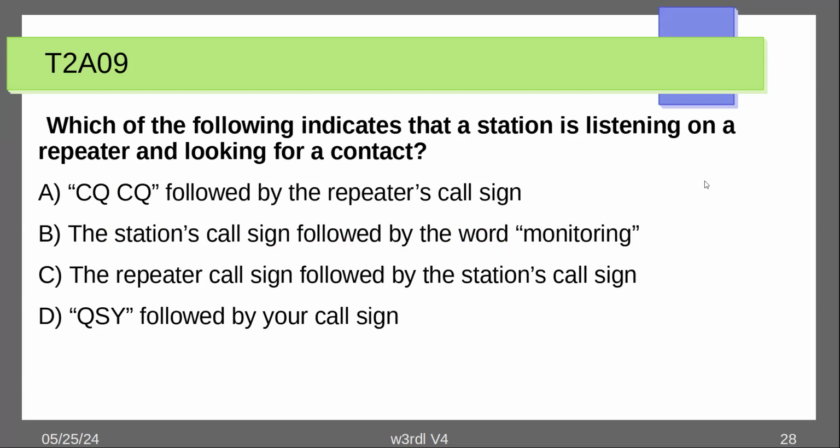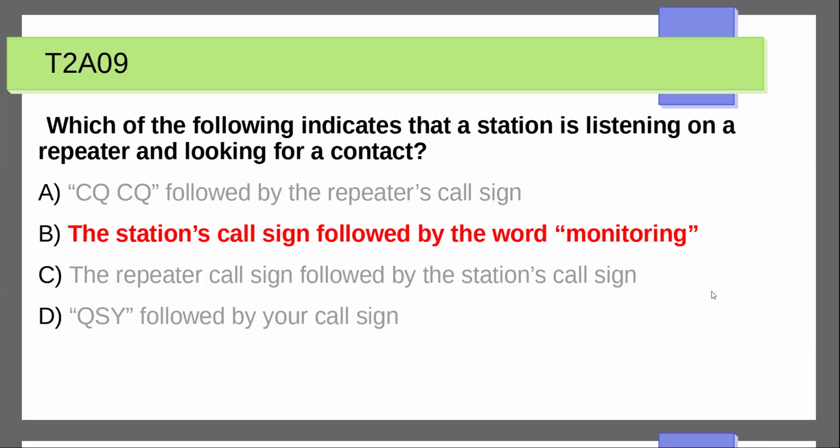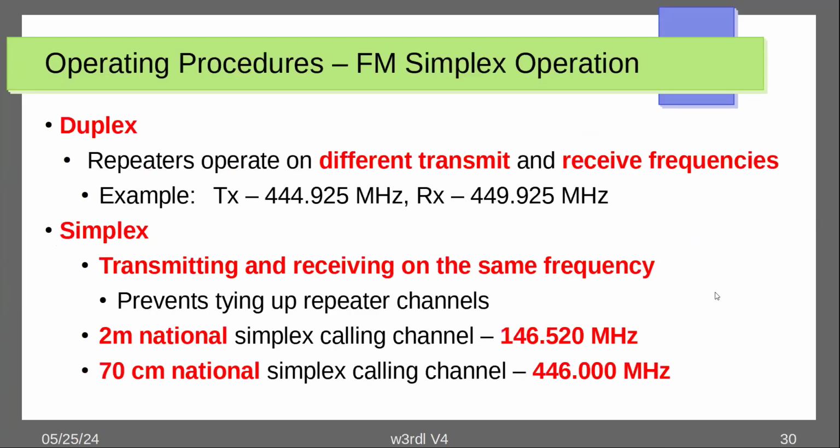Which of the following indicates that a station is listening on a repeater and looking for a contact? FM simplex.